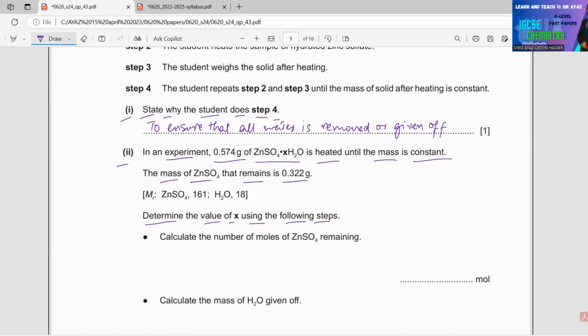Number 1, calculate the number of moles of ZnSO4 remaining. You know the formula: mass divided by Mr. Mass is provided, which is 0.322. Mr is given, which is 161.